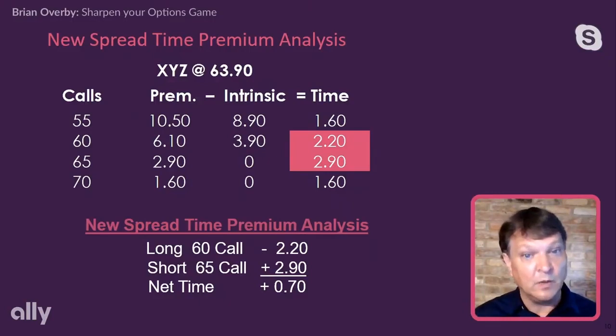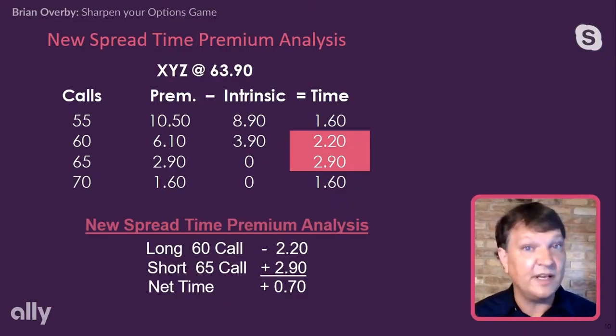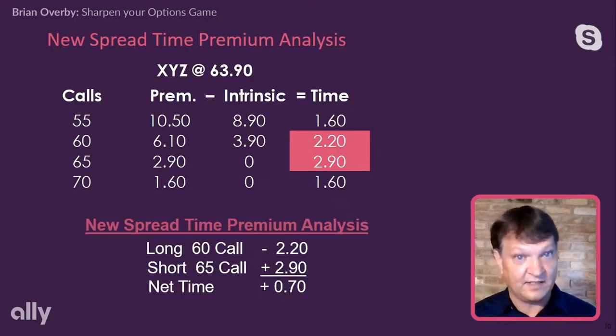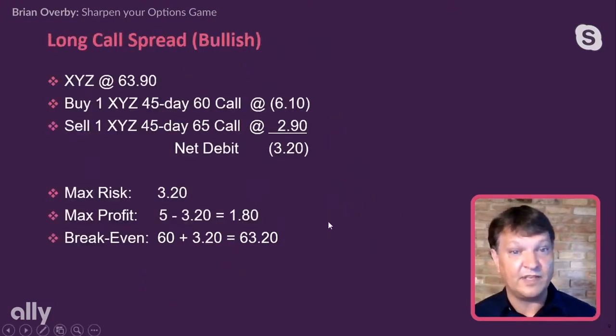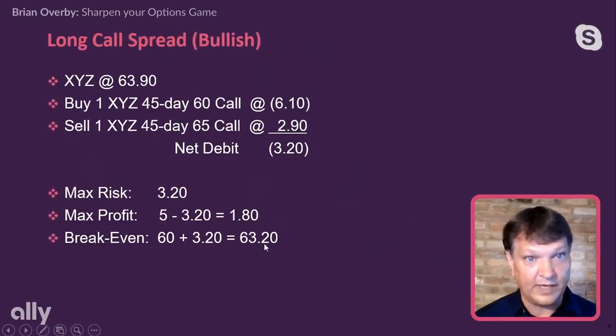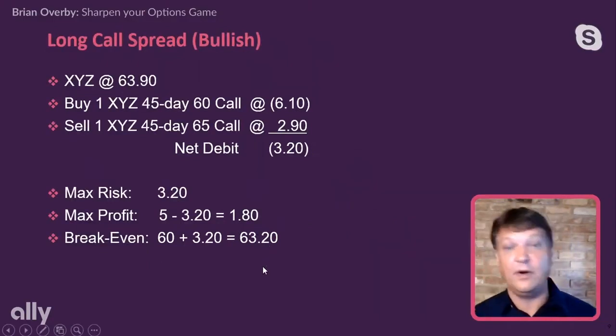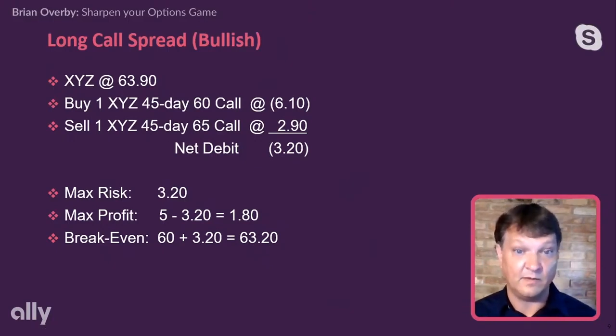But we know that if the stock just stays where it's at, we're actually going to make 70 cents on this trade, if the stock stays where it's at or even drifts lower. If we go all the way down to 63.20, where our break even is, if the stock goes down to 63.30, guess what? I'm profitable on this trade at that expiration date overall.